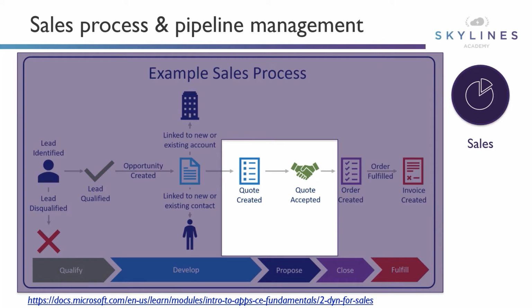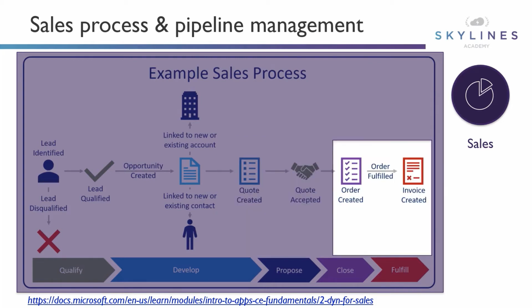When the customer has agreed to the quote, a sales order can be automatically generated, and this will result in both the quote and opportunity records getting closed with the status of won. If the customer does not agree to purchase, the opportunity record can be closed with the status of lost.